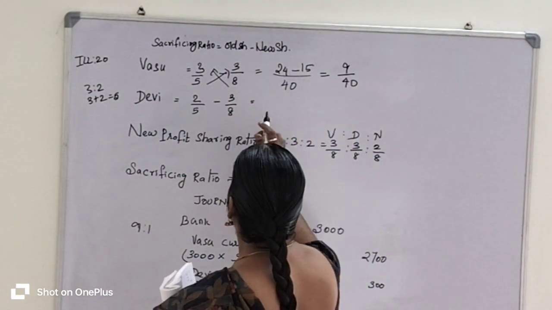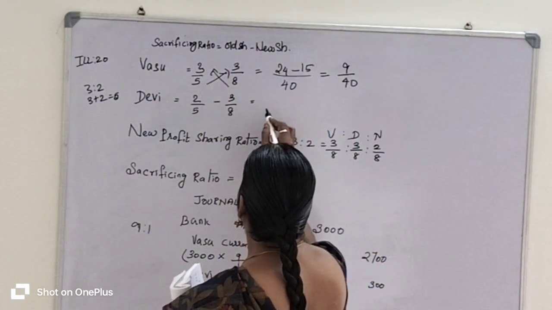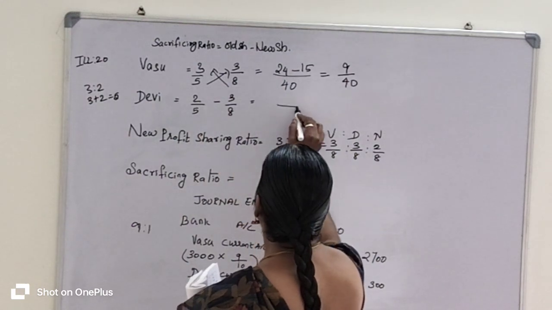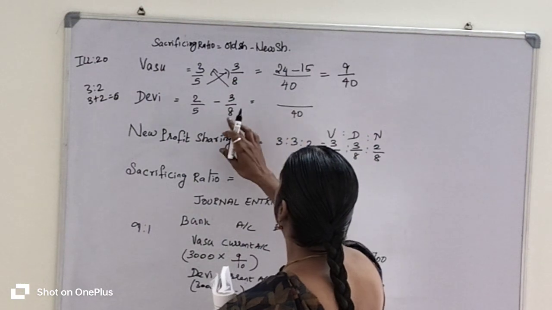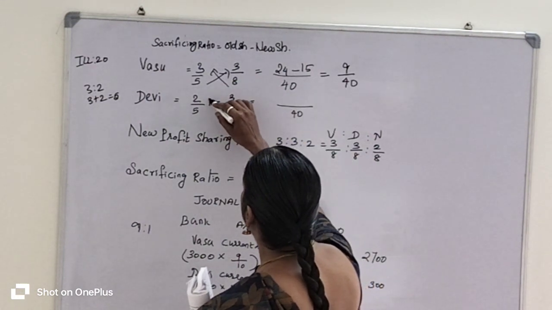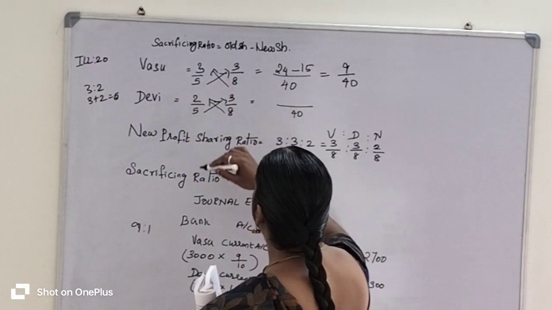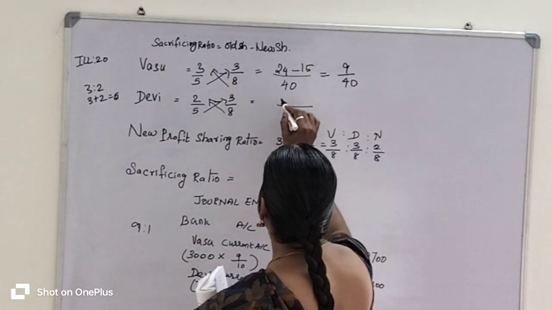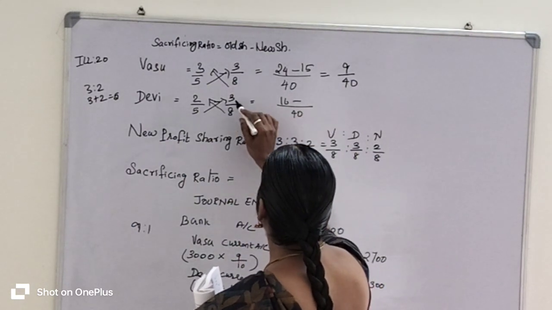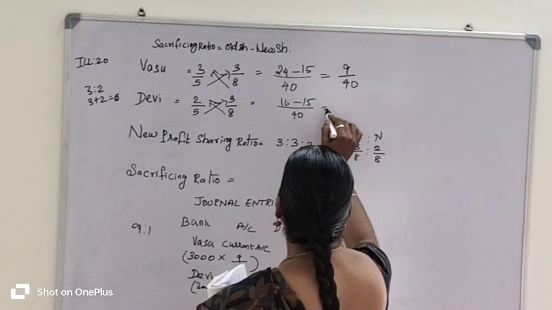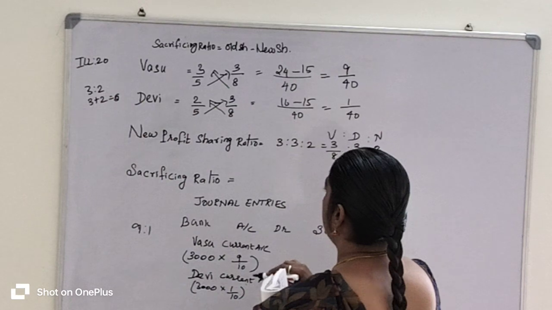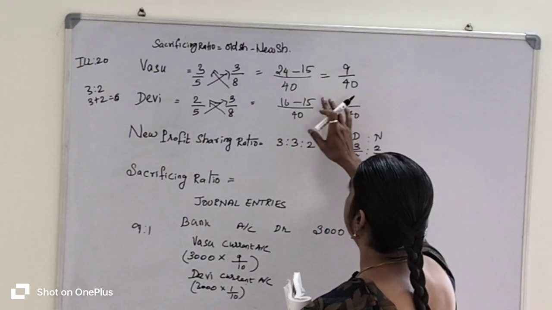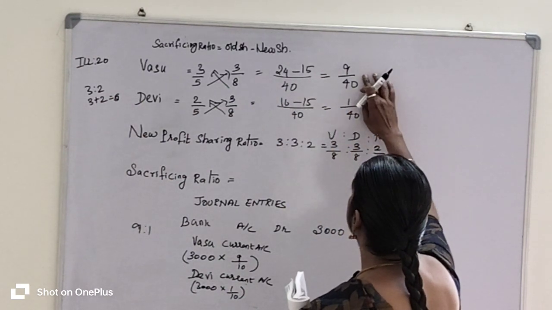Now we find out Devi's sacrifice. For 2/5 and 3/8, we multiply 5 eights are 40, and next we cross multiply the numerator with the denominator. 2 eights are 16 minus 5 threes are 15. 16 minus 15 equals 1/40. So what is the sacrificing ratio for Vasu and Devi?